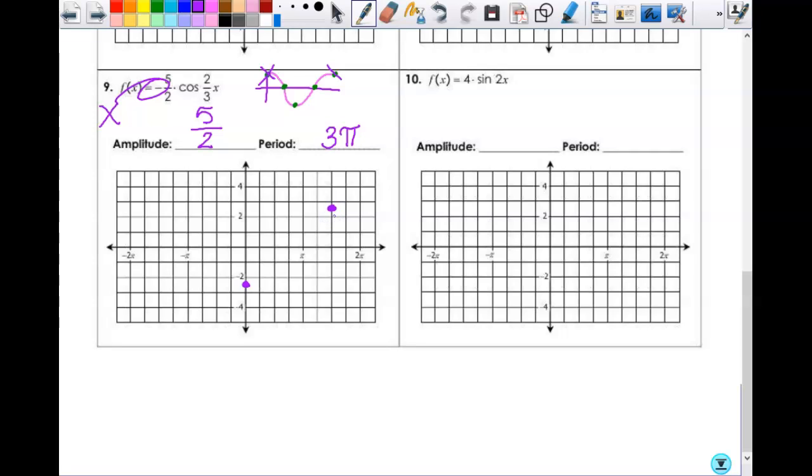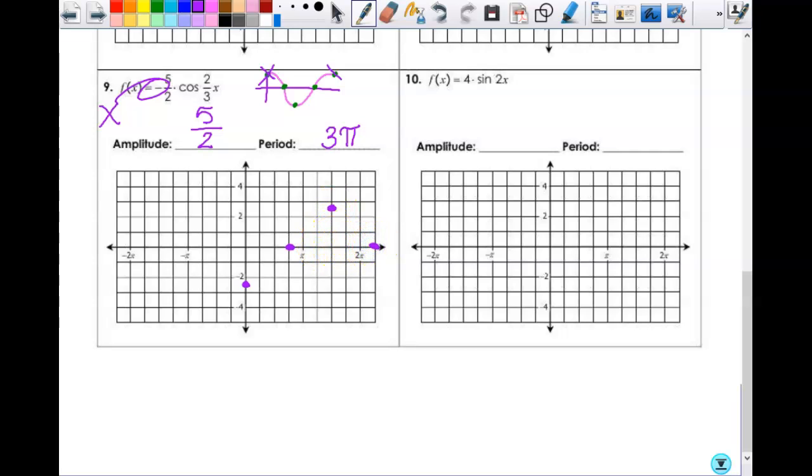So what's half of 3 pi halves? 3 pi fourths. Can you find 3 pi fourths on here? Yep, because they're each a fourth. So 3 pi fourths is a 0. So can I put another 0 to the right of this maximum? Yes, because I've got my minimum, and then 1, 2, 3 is my 0. 1, 2, 3 is my maximum. 1, 2, 3 would be another 0.